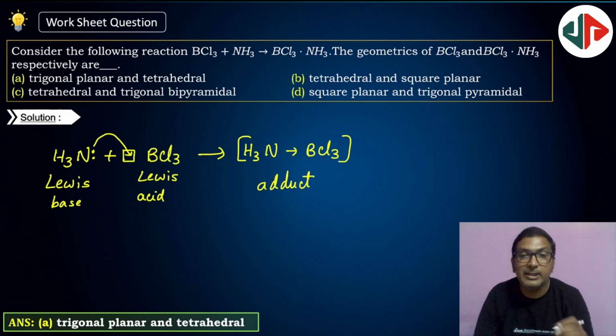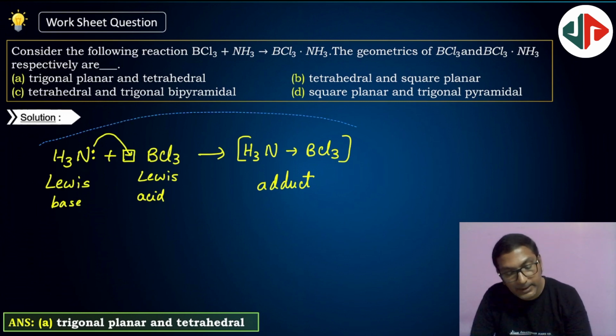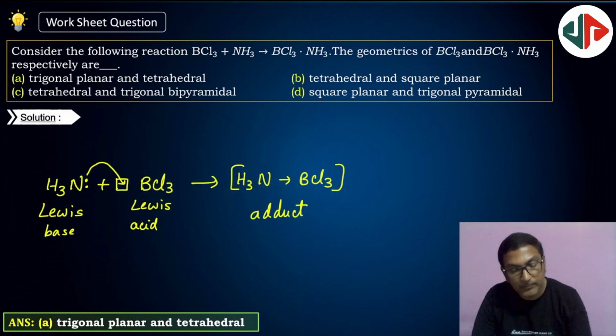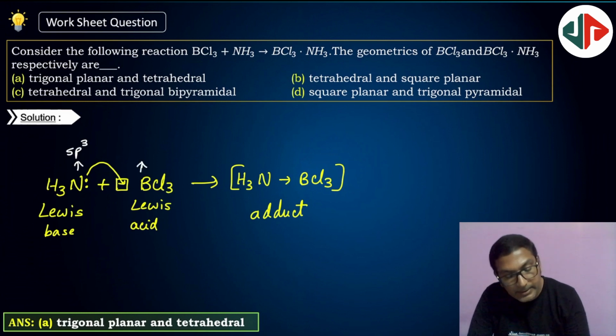Adduct means here addition compound. So before bond formation, I will add here hybridizations. So nitrogen sp3, BCl3 sp2, and here sp3 no change, and here sp3.